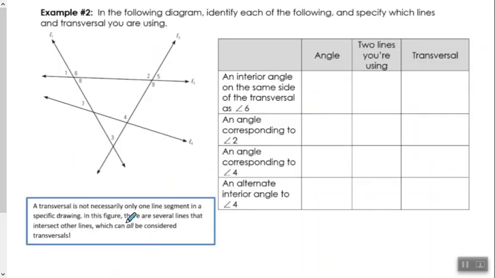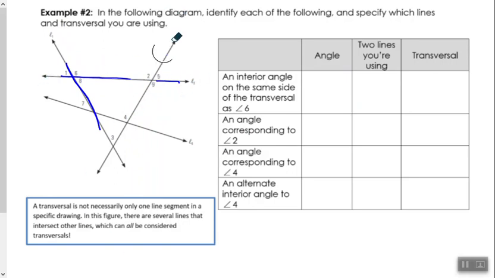Next example, example number 2. So in this diagram, we have to identify each of the following in our chart here and which lines and transversal we are using. So for example, if I'm looking at this line and this transversal, then I have line 1 and line 2 as my lines, and my transversal is line 3.